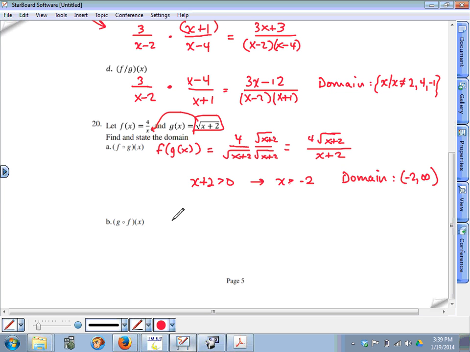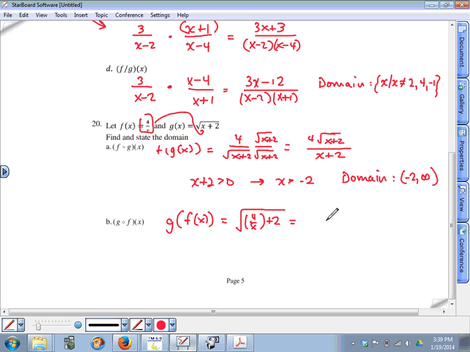Now the part B here, g of f of x, means that the f function, so now I'm going to write this one another way, this f function here is going to go inside of the g function for that x right there. So the composition is going to be the square root of the input 4 over x plus 2.